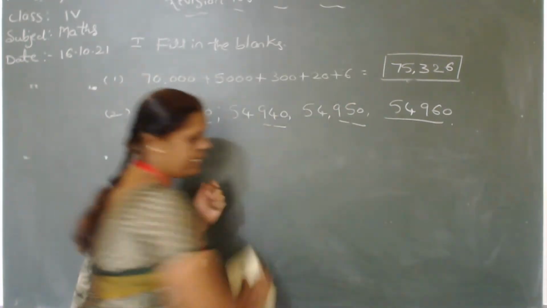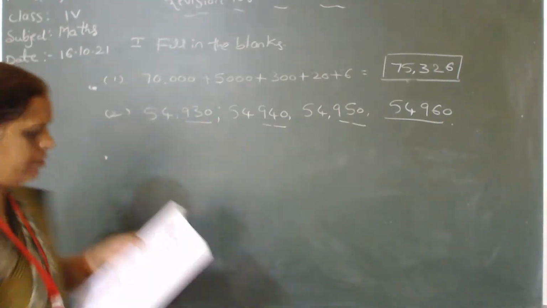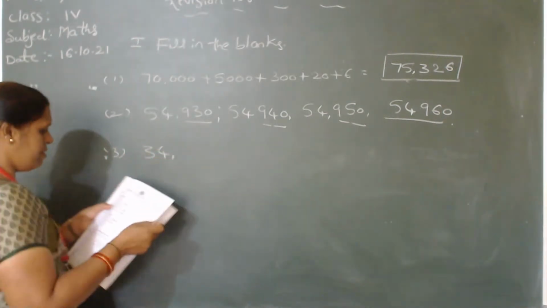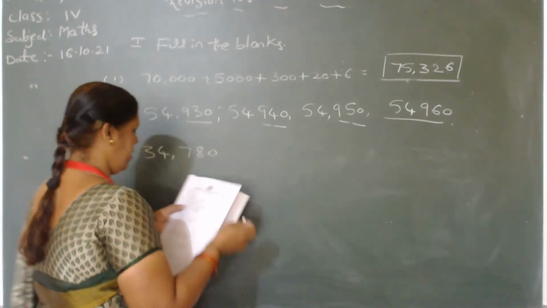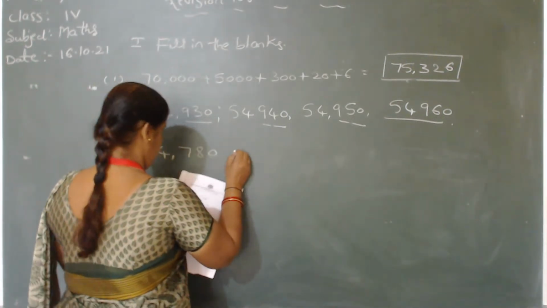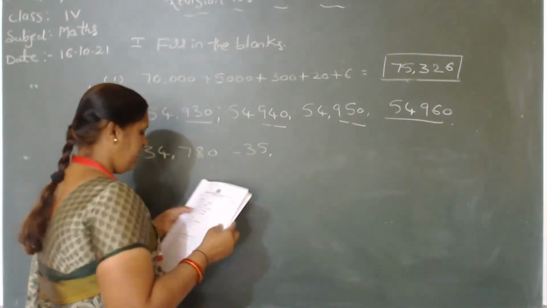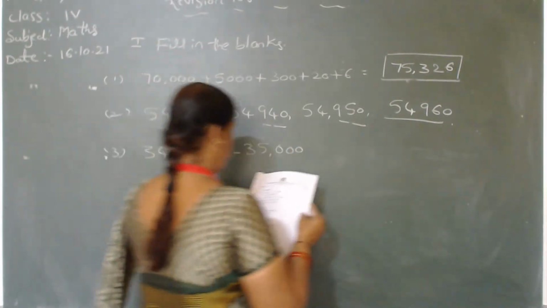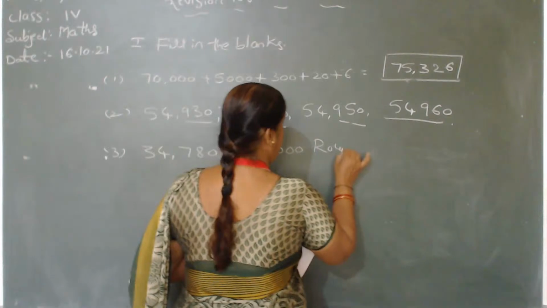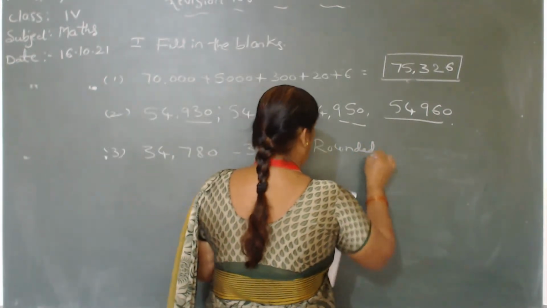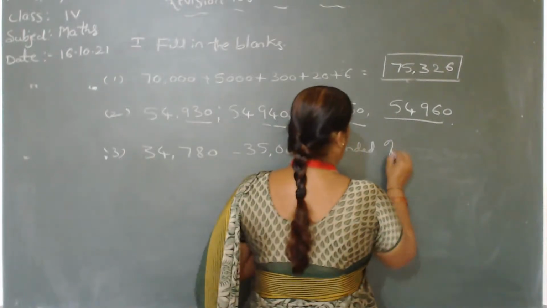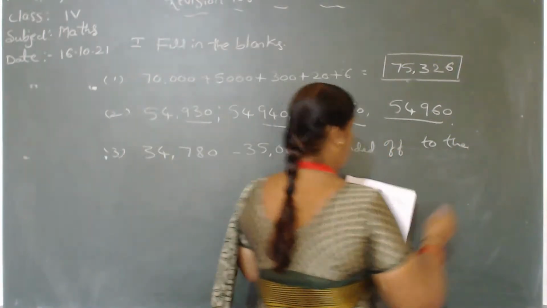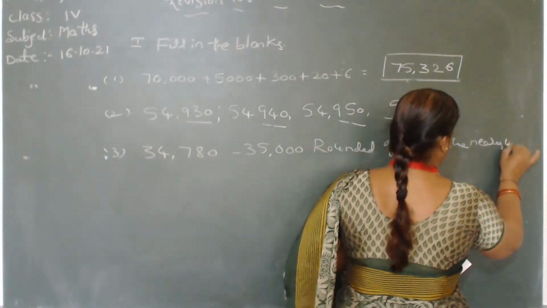The next, third one is: 34,780 is rounded off to the nearest dash.